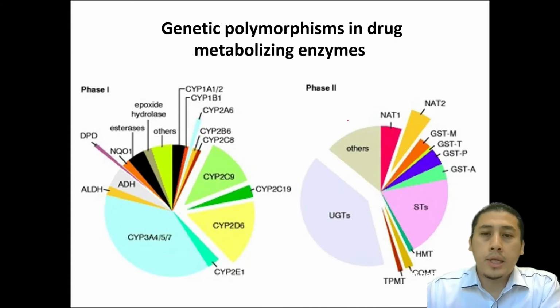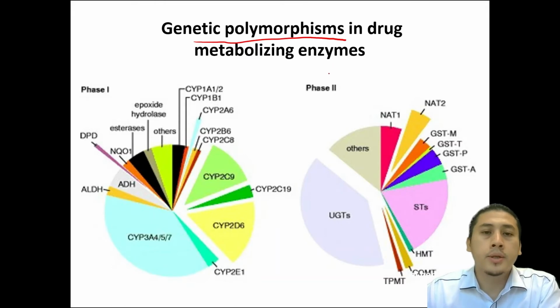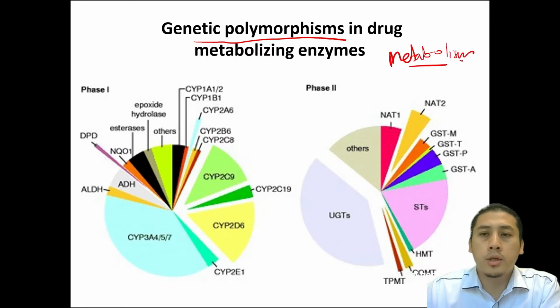All right, so these two pie charts show you the genetic polymorphisms in drug metabolizing enzymes. Recall your pharmacology. We have pharmacokinetics, ADME: absorption, distribution, metabolism or biotransformation, and the last one is excretion. So the third one is metabolism or biotransformation.